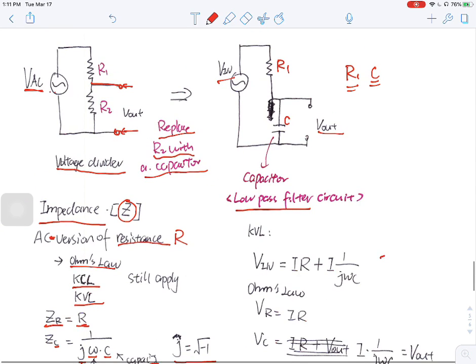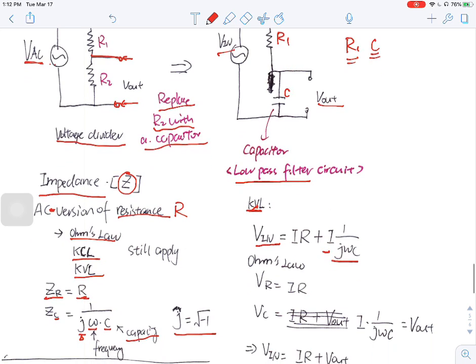And like I mentioned, you can still use other laws on this circuit. So you can first apply Kirchhoff's voltage law. So V in can be written as IR, current times R, plus I times the impedance from the capacitor, which is here. That term is ZC.